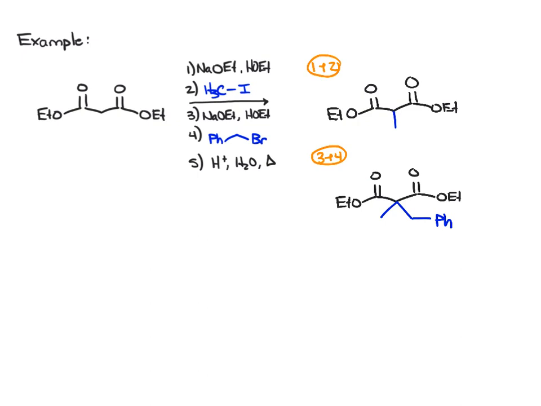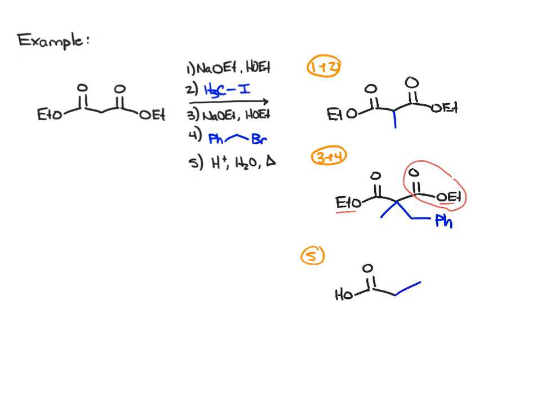And then finally, step 5. Step 5, we do the hydrolysis, which gets rid of the ethyl groups and converts those to carboxylic acids, and then you lose one of those as CO2. So in the end, we end up with the carboxylic acid.